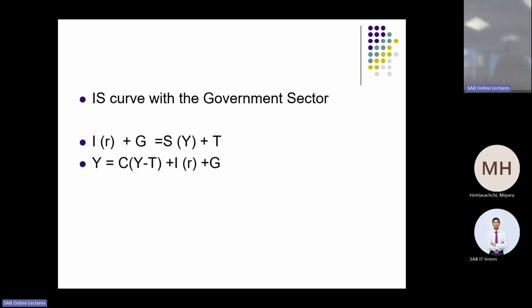Now we can derive the IS curve based on the investment and the savings. We know that our investment function depends on the interest rate. So this is our investment function.